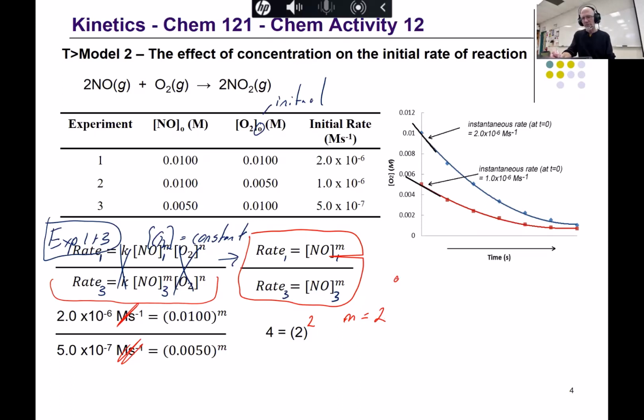And then we make the concluding statement. Therefore, the reaction is, and now we don't say first order, but rather we say second order with respect to, and now because we're trying to find out about the nitrogen monoxide gas, second order with respect to the nitrogen monoxide gas.